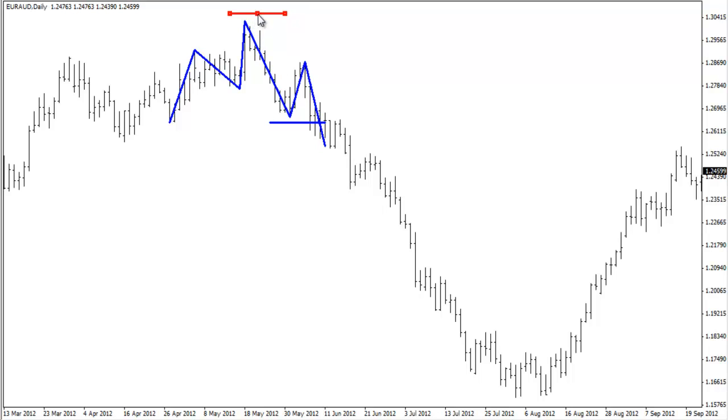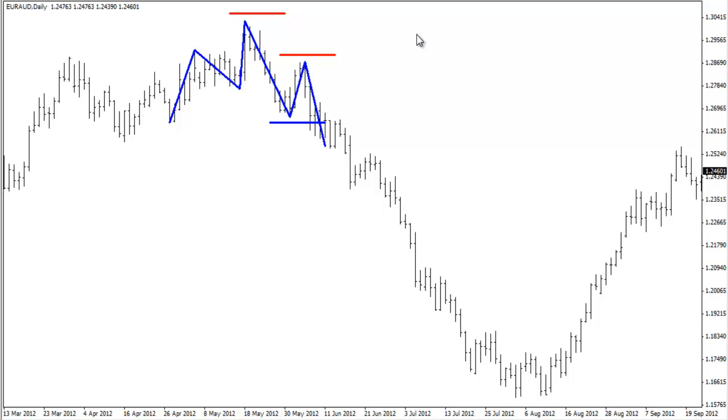Or alternatively, behind the most recent swing high, in order to give a slightly lower probability, but a better reward to risk. So it's kind of down to whether you want the higher probability or the higher reward to risk.